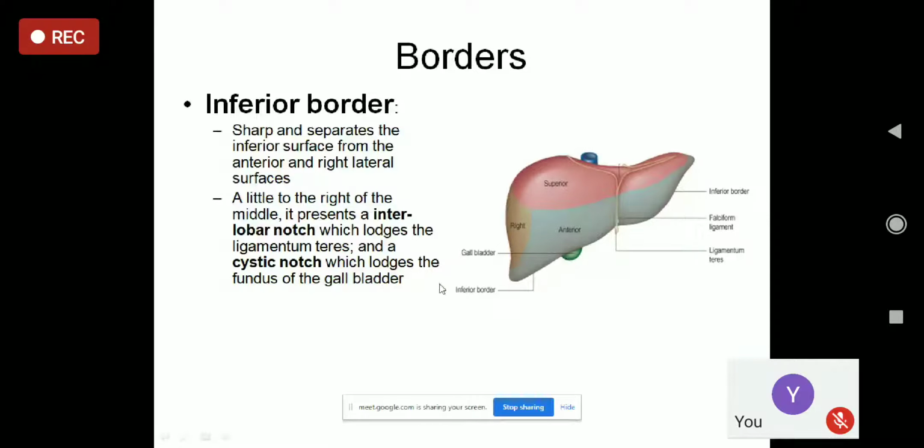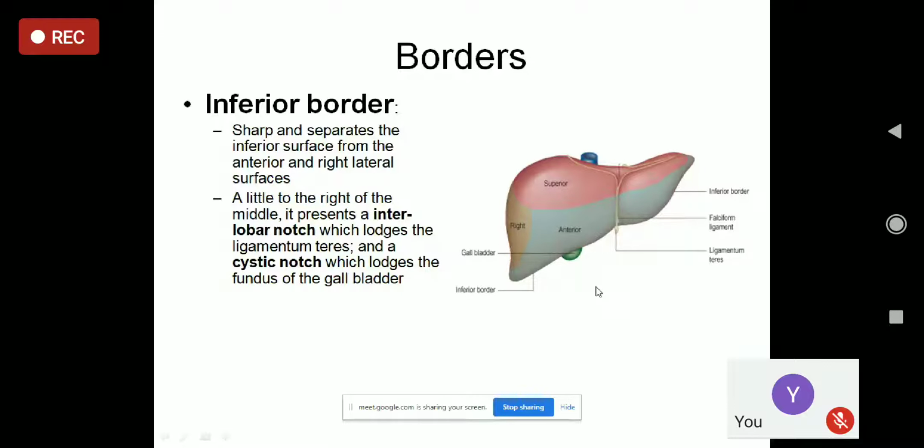A little to the right of the midline, it presents a notch, the umbilical notch, which lodges the ligamentum teres. Look here in the inferior border, you will get the notch for the ligamentum teres. And again in the inferior border, you get the cystic notch, which lodges the fundus of the gallbladder.